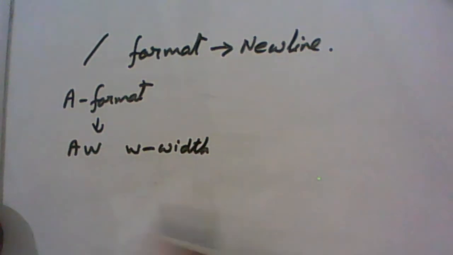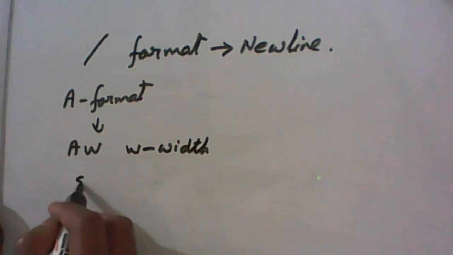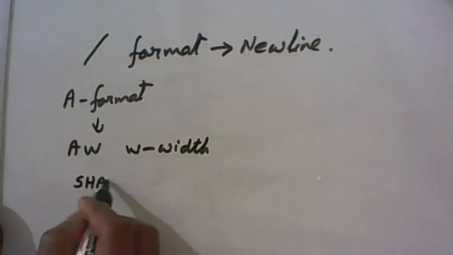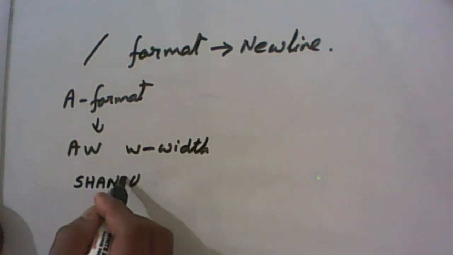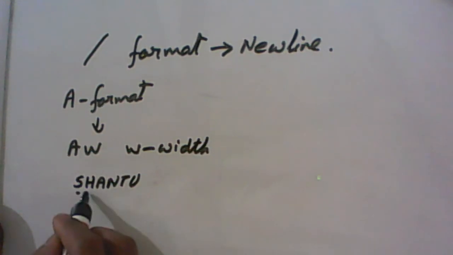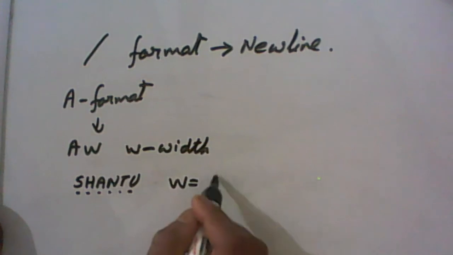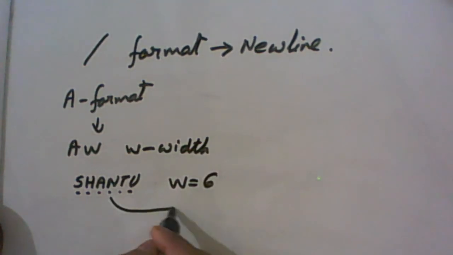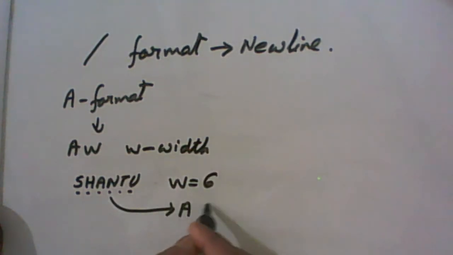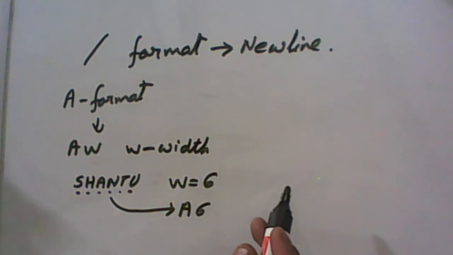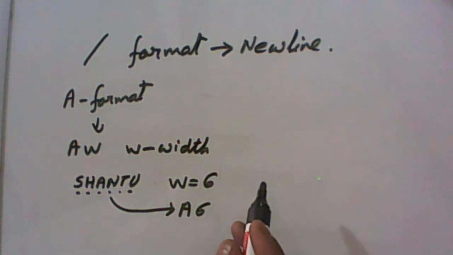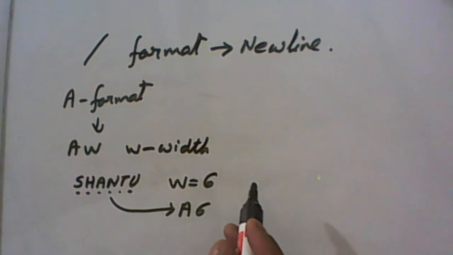Character type of data means, let me say I want to output my name. I'm writing down my name here. What is the total width? 1, 2, 3, 4, 5, 6. So w here is 6, and the format for this will be A6. We can specify exactly the size and type of the data. This is the A format.